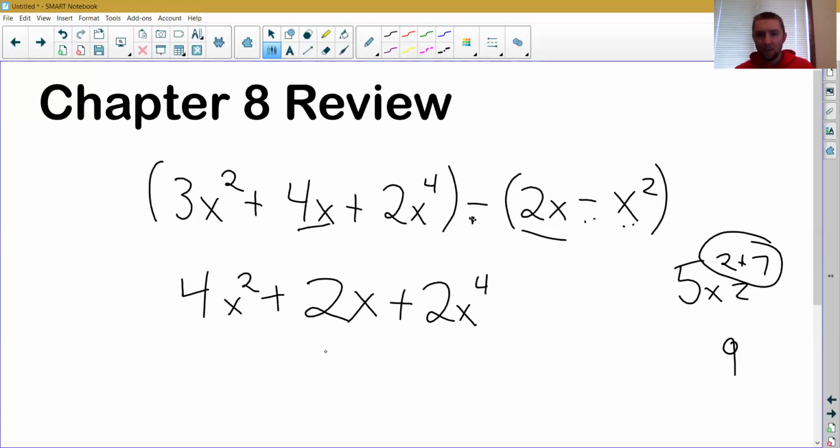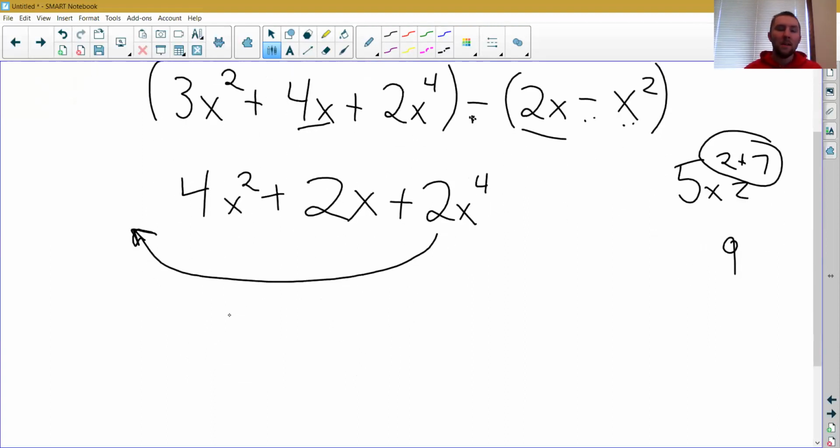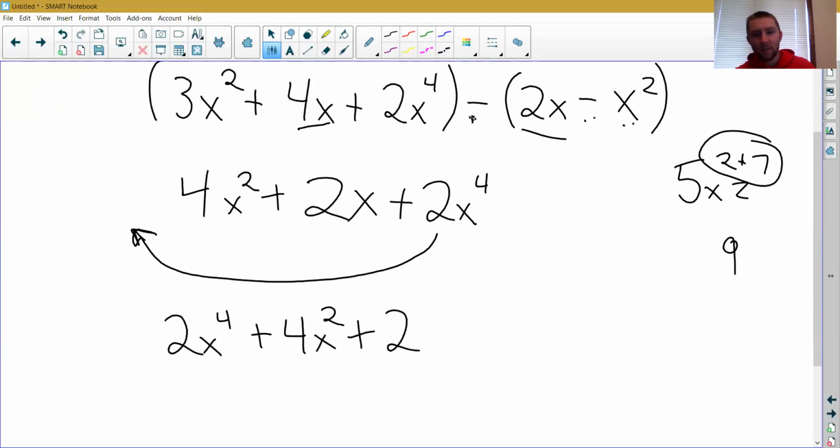In this particular example, we don't have to worry about that because all we have is x variables, but we do need to rearrange and put this 2x to the fourth at the beginning of the polynomial because it's the highest degree, the highest exponent. So to put our answer in standard form, we would move the 2x to the fourth to the front, plus 4x squared because that's positive, plus 2x, and there you have it.